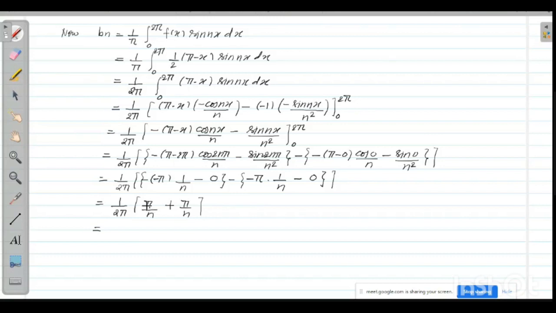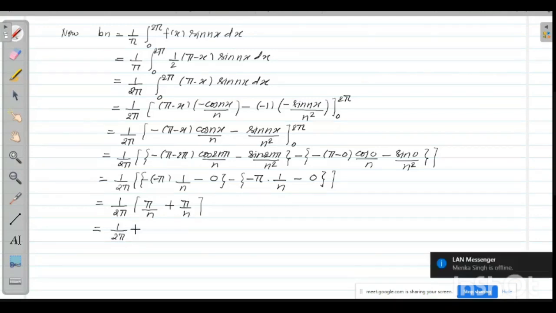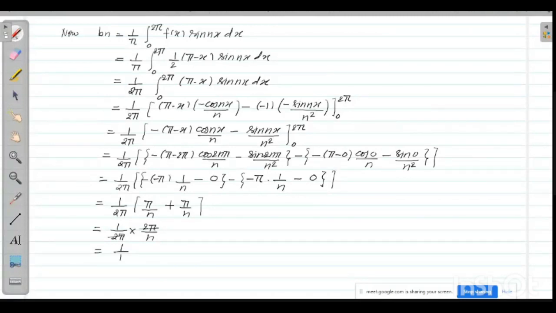Pi and pi, 2 pi. Why is this so? Because the denominator is the same, so the numerator will be added. So 1 upon 2 pi into 2 pi by n, and 2 pi will cancel. So this becomes 1 upon n. So from this you will get bn equal to 1 by n. Okay, bn equal to 1 by n.